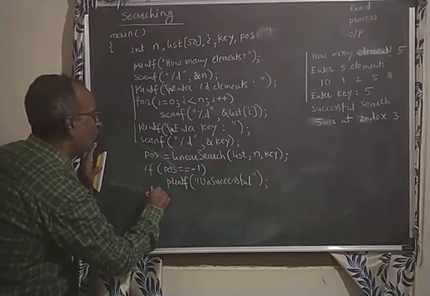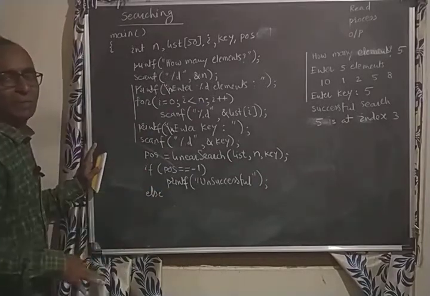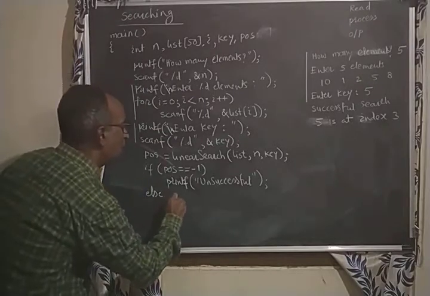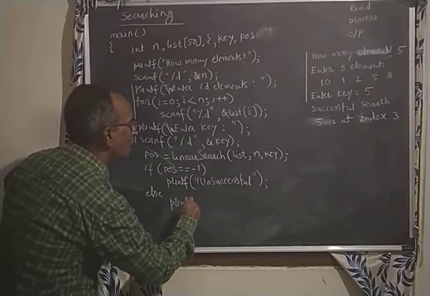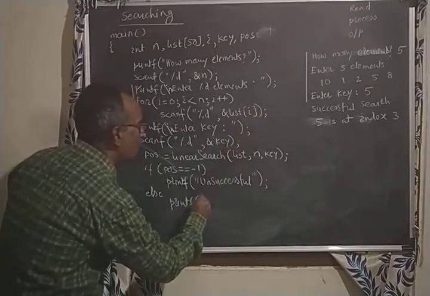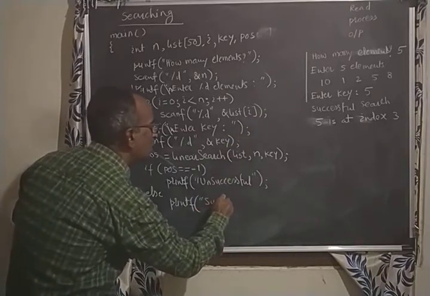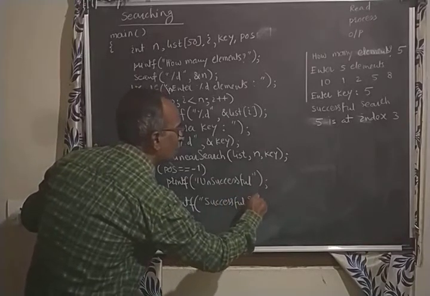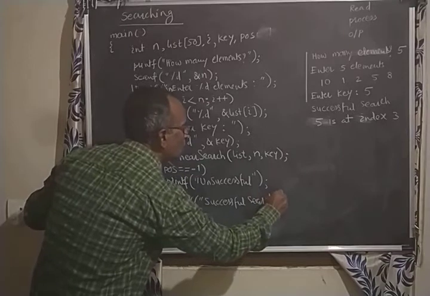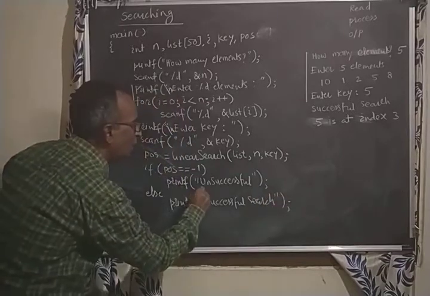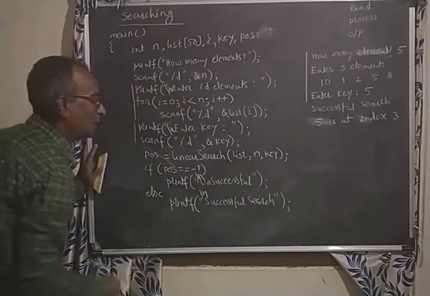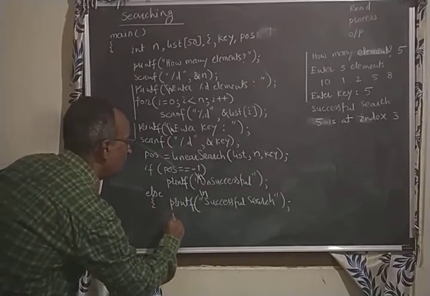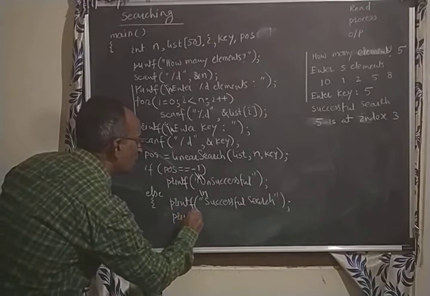Else, if position is not -1, then what we are printing as per our output is successful search. See, I'm not giving \n after this, so successful search is again printed in one line.